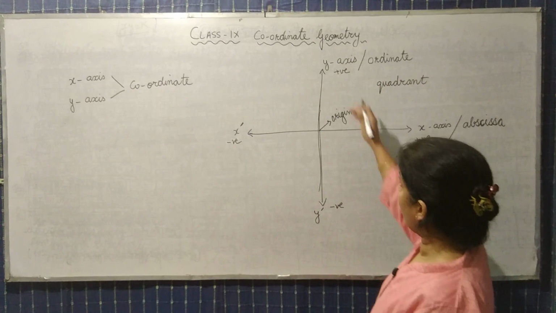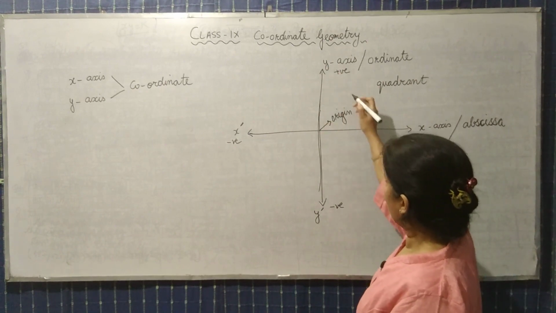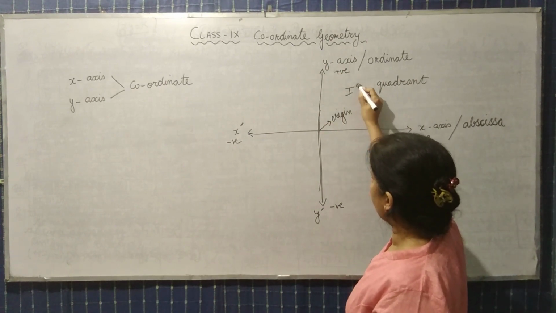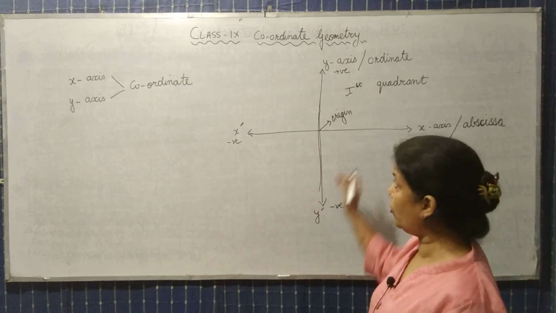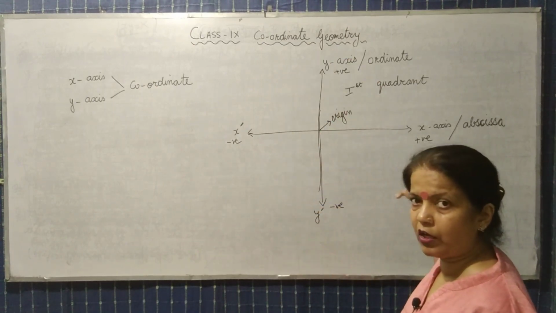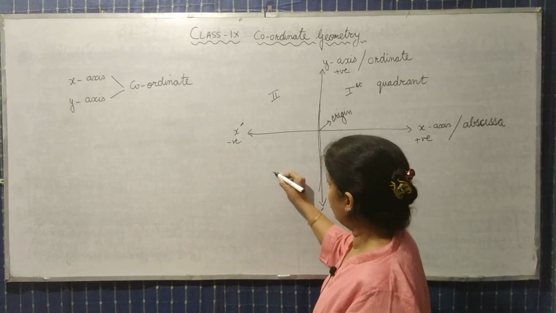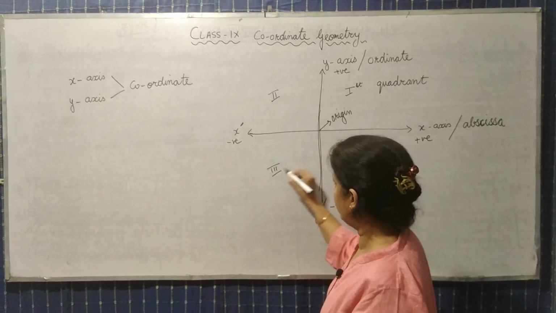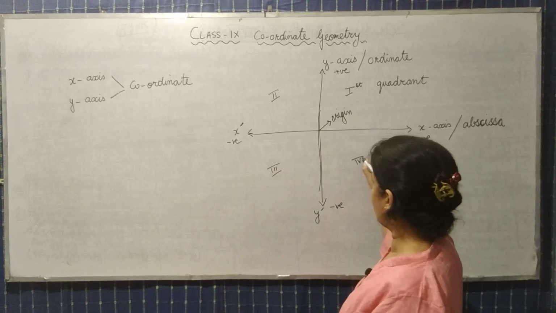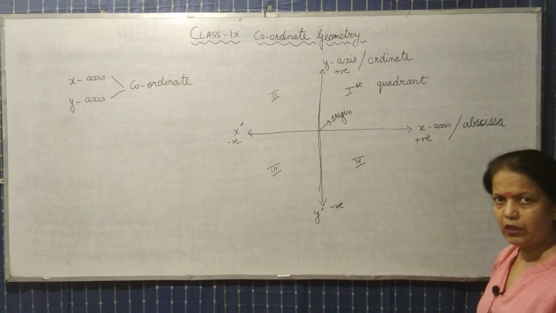अब हमें क्या करना है? This part is the first quadrant. Now you have to move anti-clockwise. This is second quadrant. This is third, and this is fourth quadrant. Okay.